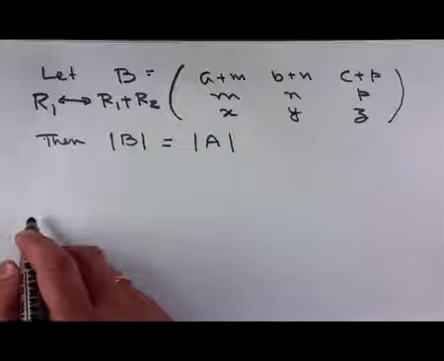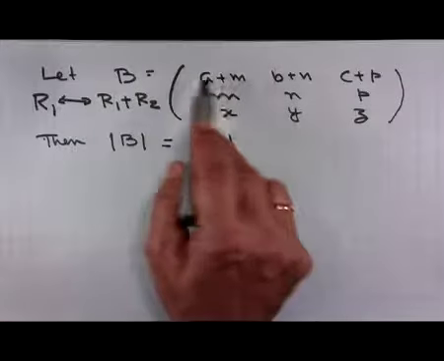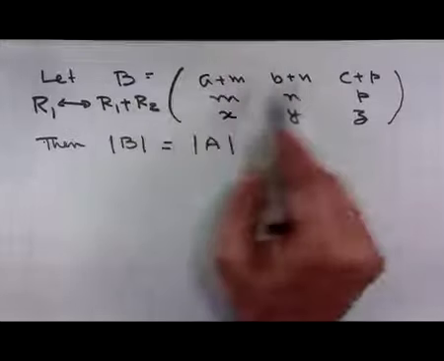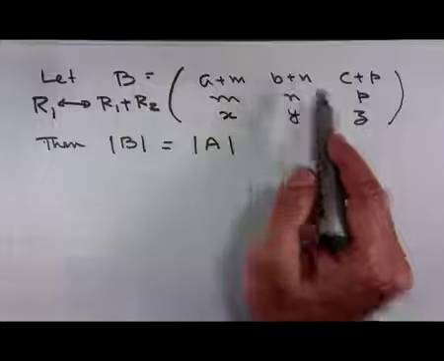Why? Because of the property that if the row elements can be expressed as the sum of two expressions, then I can write the determinant as the sum of two determinants.